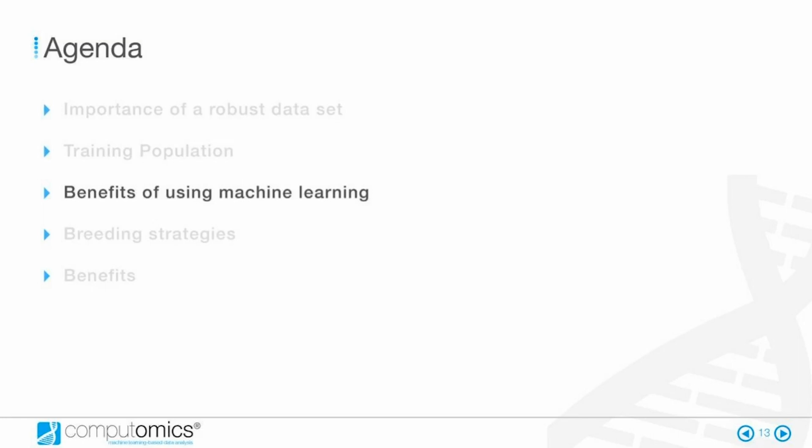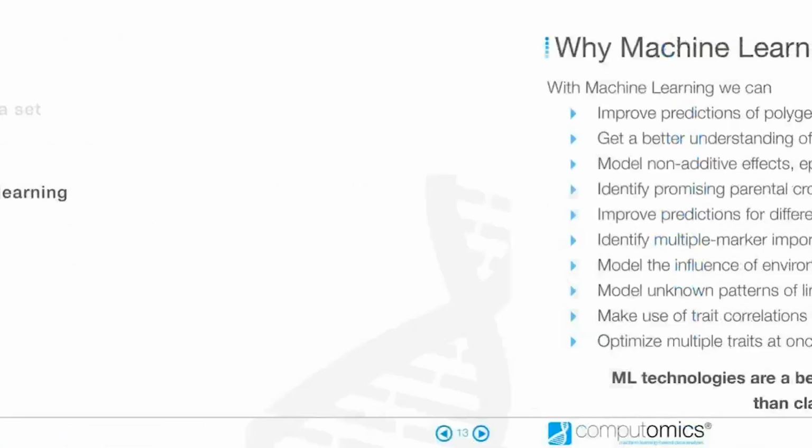The environment can have a major effect on the phenotype, and classical statistical models have a hard time accounting for this. The same is true for complex traits. And as a company with a foundation in machine learning, we started to develop a machine learning-based technology that would address these shortcomings of classical statistical models.